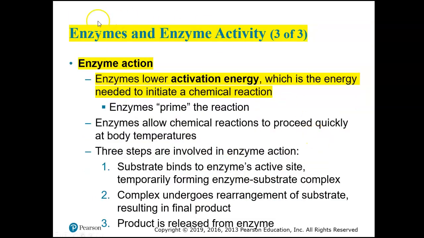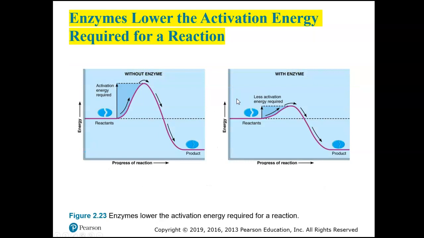Those are easier. Enzyme action is that enzymes lower the activation energy, which is the energy needed to start or initiate a chemical reaction. So here's a graph of the energy required. Here's the energy level in the reactants before they undergo the reaction, and then the energy that's required, the activation energy.